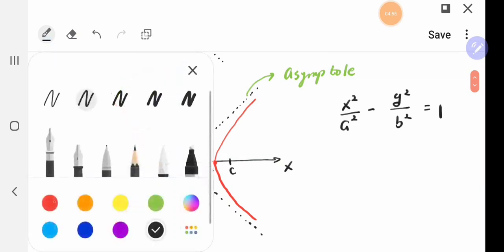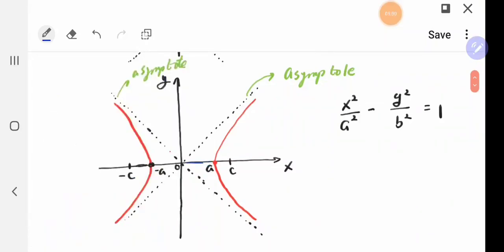So let me use the blue pen. The distance from the center to the vertex is a, and I'm going to draw a vertical line so that this vertical line is b. So actually b is the height of this triangle, and this is a.